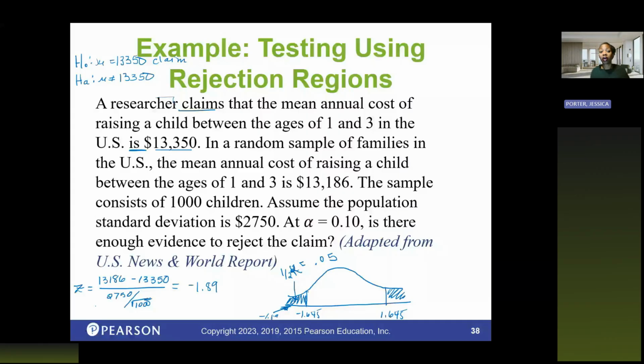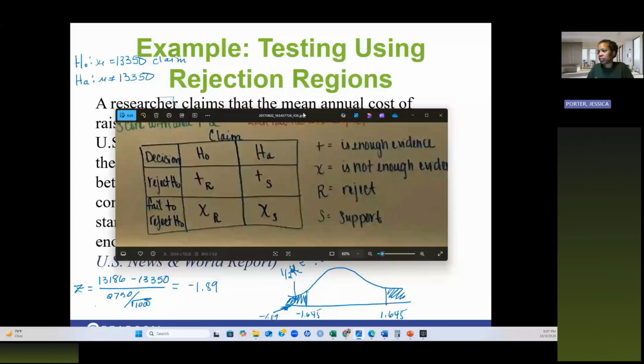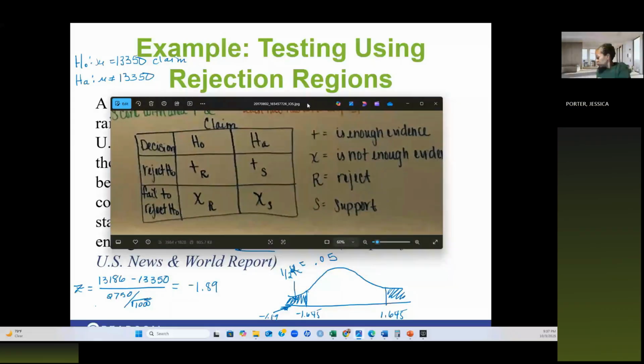Now, what are the words that we use to reject the claim? Let's go back to our graphic. The claim was the null hypothesis, and we are rejecting the null hypothesis.